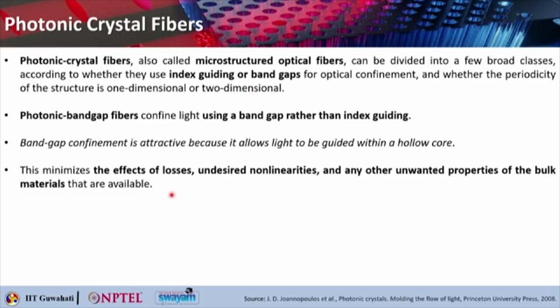This structure creates a photonic band gap that can confine and guide light within the fiber's core, enabling various applications such as supercontinuum generation, high power pulse delivery, and also nonlinear optics.